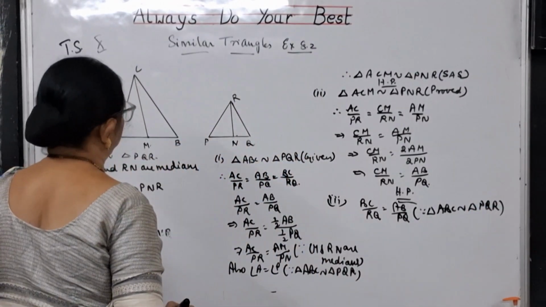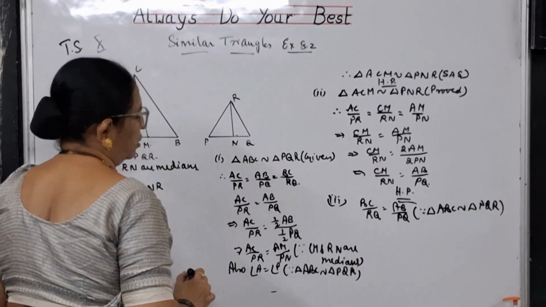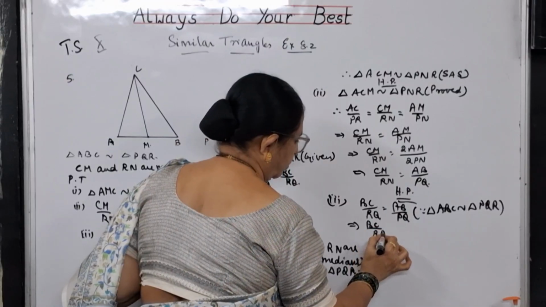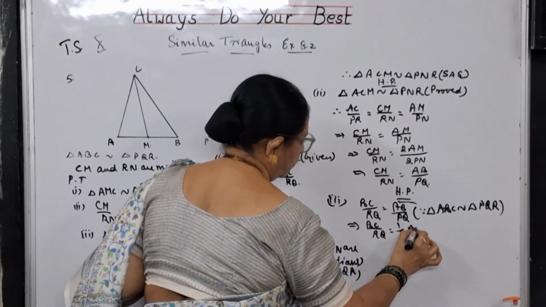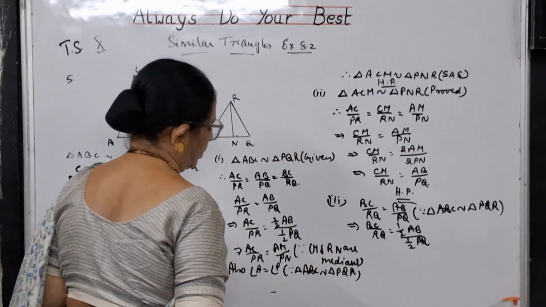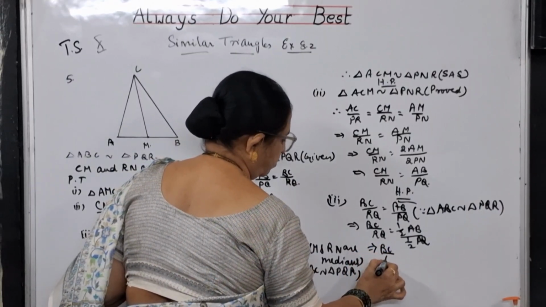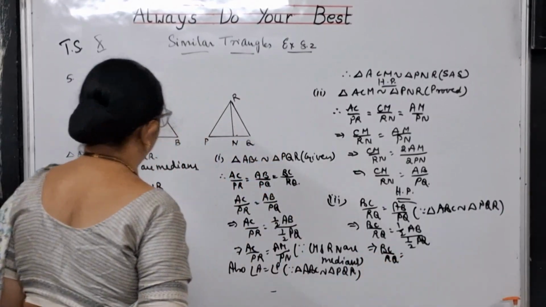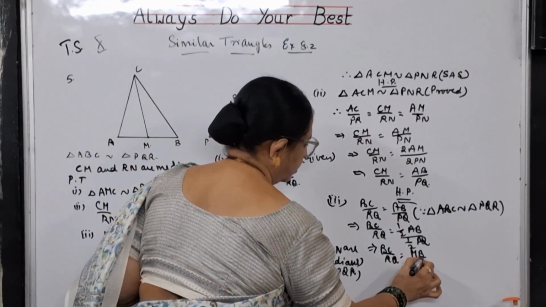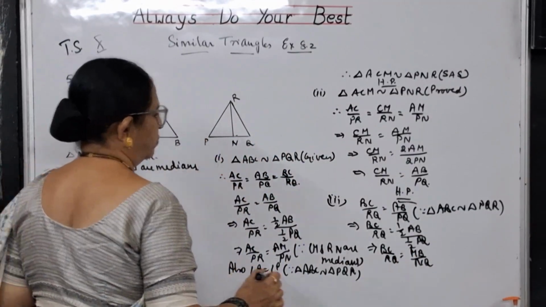This is given to us. So BC by RQ is equal to AB by PQ. This means BC by RQ is equal to half of AB by half of PQ, that is, MB by NQ.